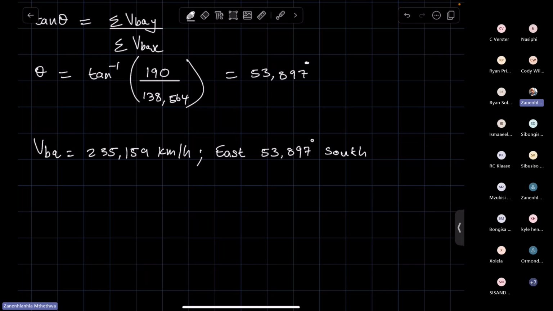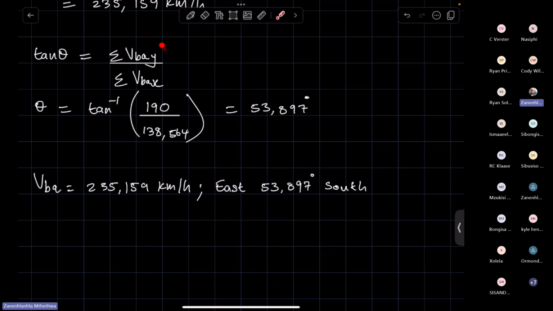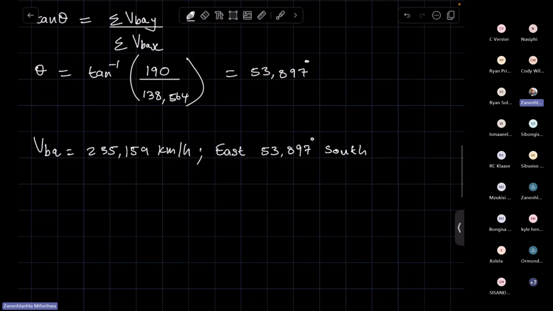So again, if you use this to calculate your angle, this angle is referenced from the x-axis. If your angle was referenced from the y-axis, had you calculated it the other way around, that would be 90 minus 53.897, so 36.103 degrees.